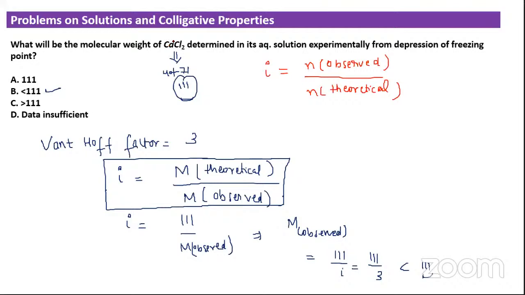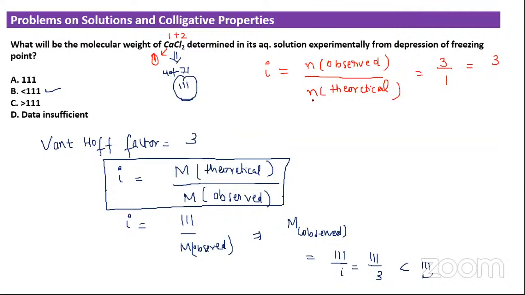N observed, like take example of CaCl2. So 1 Ca and Cl2 say 2. So the observed number of moles will be 3, while theoretical, if we don't consider van 't Hoff, it will be 1, just 1 CaCl2 mole. So theoretical 1 है and observed 3 है. So that's how the value of i is 3 here.